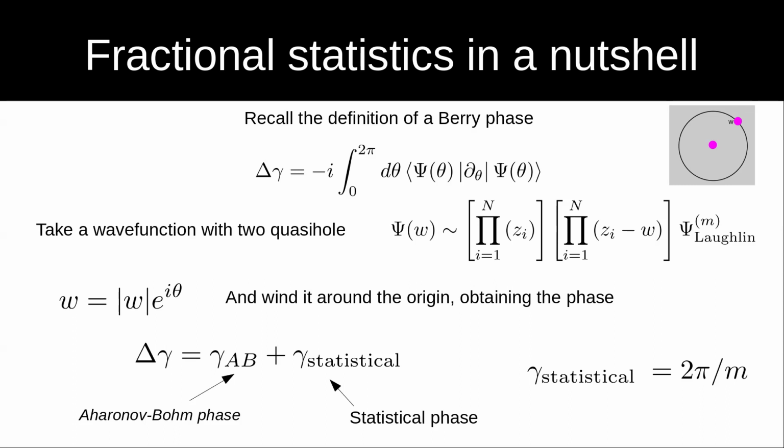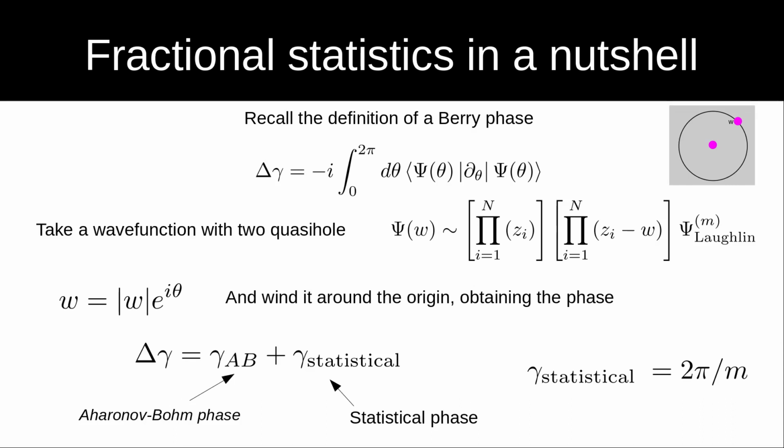So we take the wave function that has these two excitations. We parameterize again the location of the quasi-hole as absolute value of W times a phase, and then we just put it in the definition of the Berry phase.